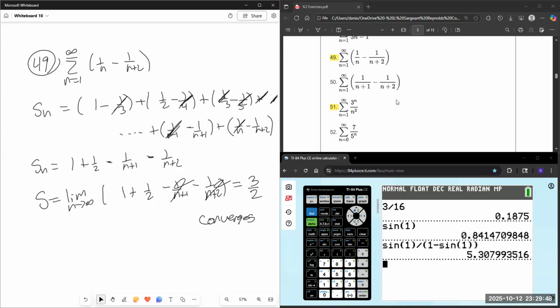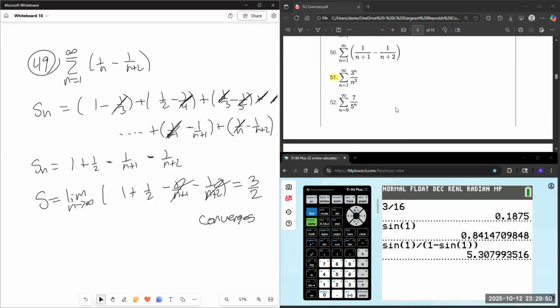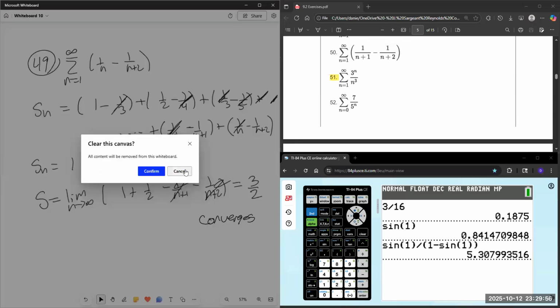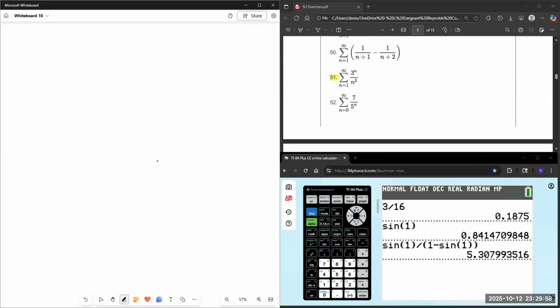So let's look at number 51. 51 says summation from n equals 1 to infinity, 3 to the n over n cubed.